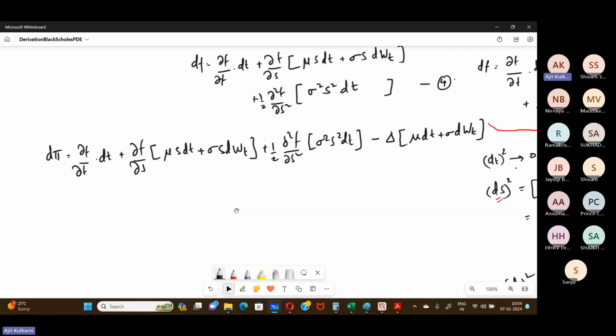Now as discussed earlier, in any price process, what is the source of uncertainty? Can someone tell me what is the source of uncertainty in a price process?